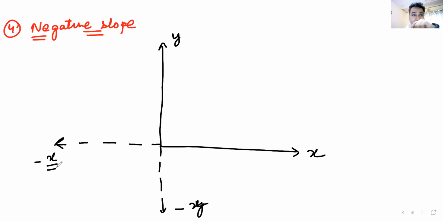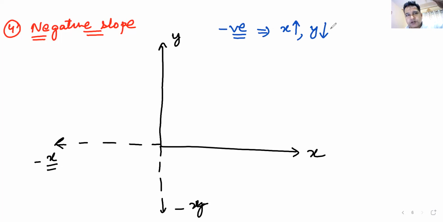Right. So for a negative slope graph, yes, Atulya, you are correct. For a negative slope graph, what should happen? If x increases, y should decrease. Or I can say that they are inversely proportional in some ways.